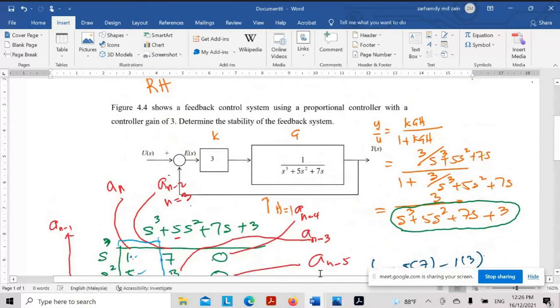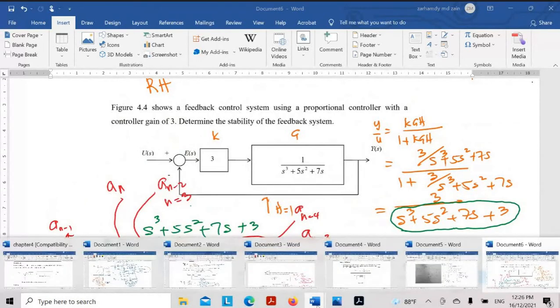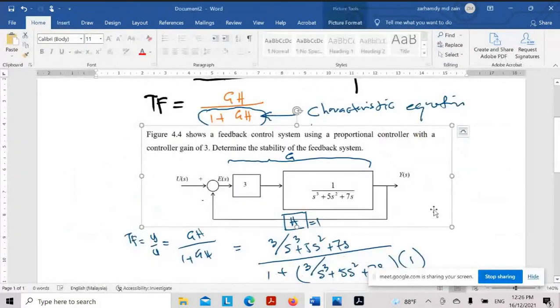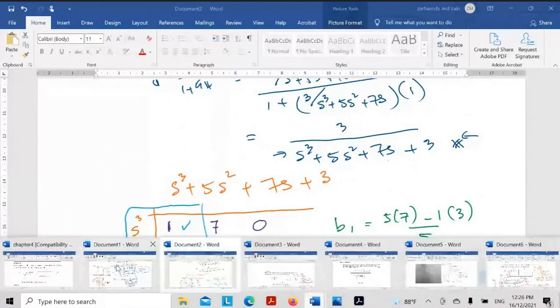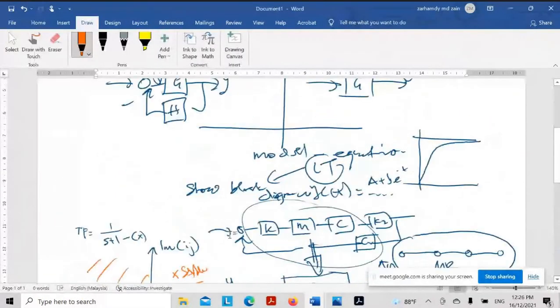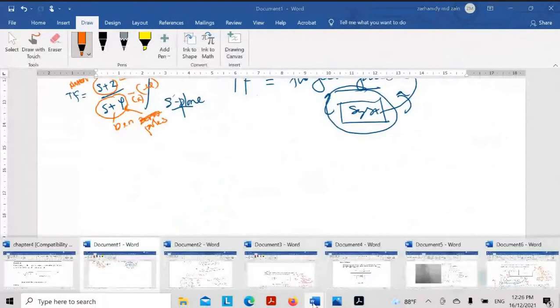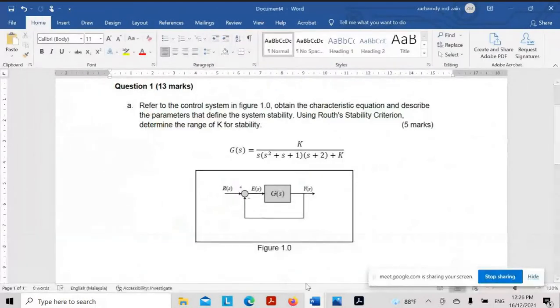So we can look into another example. This is the question of the example of test 2, but they need us to come up with the Routh stability criteria.